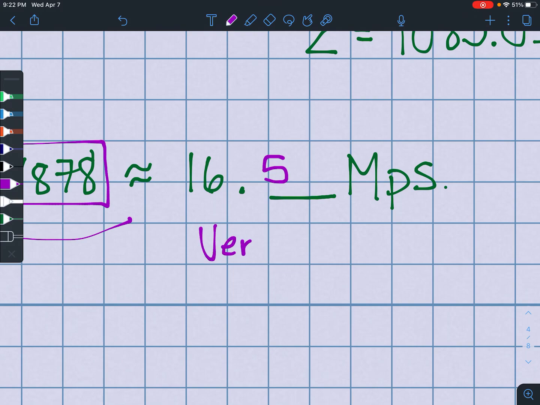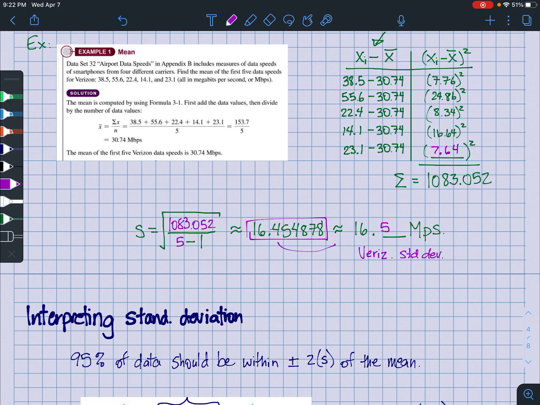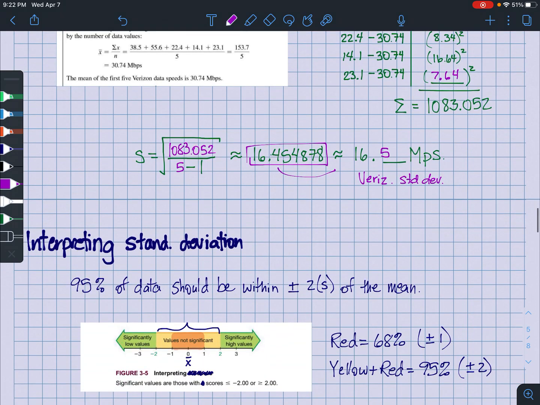So this is the Verizon standard deviation. Again, it's a sample. It's not omega. It's not the full thing, right? Here then is how you interpret. What does that number mean, 16.5? And I'll come back to that in just a moment.